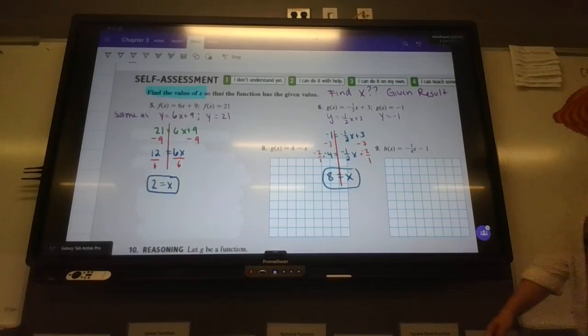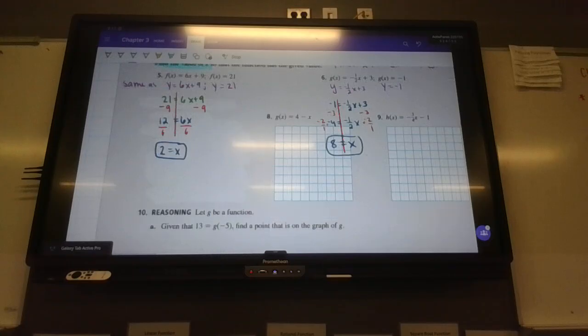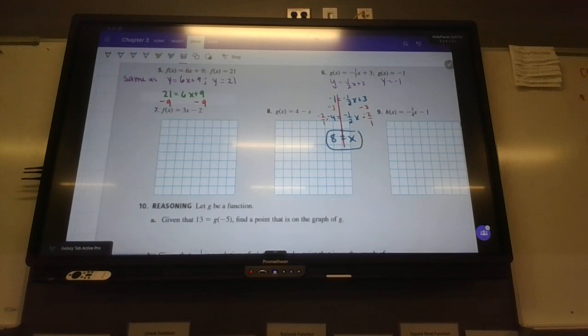All right, I'm gonna set up one graph and then we'll be done for today. Some of you guys probably know how to graph this rise over run, and we're gonna start that very soon.